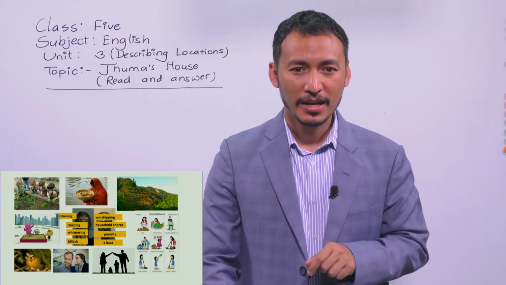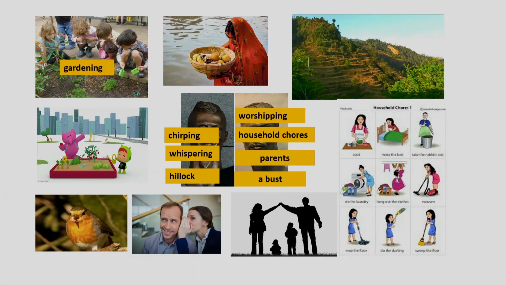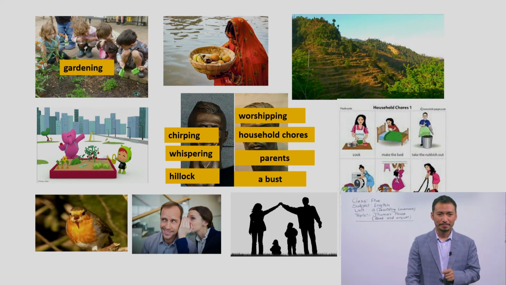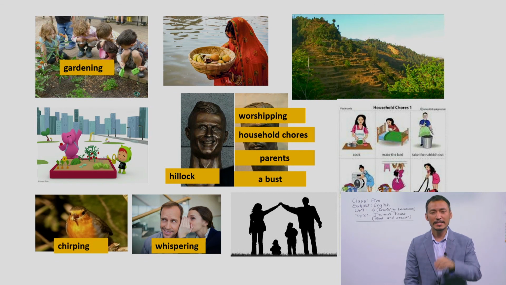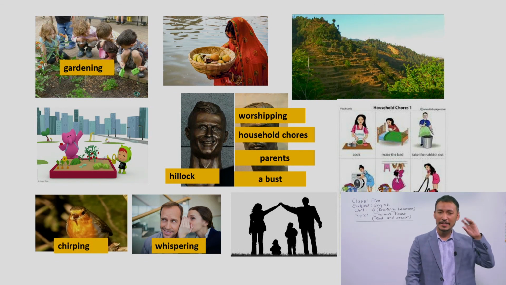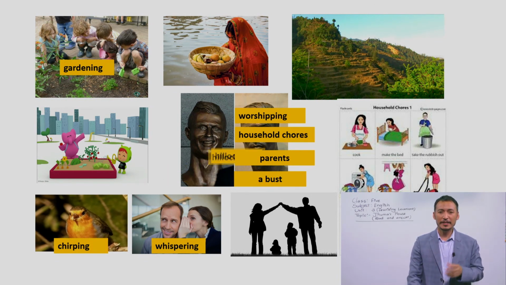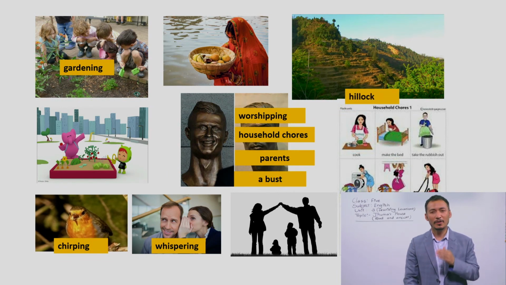Okay, is it your right guess or not? Please check. Okay, we call those children, they are gardening. And the bird is making sound, means chirping. All right, yes. And the woman is whispering or telling something secret. Another one is the hill or hillock.